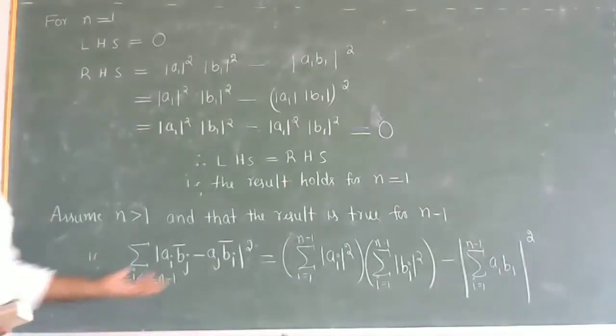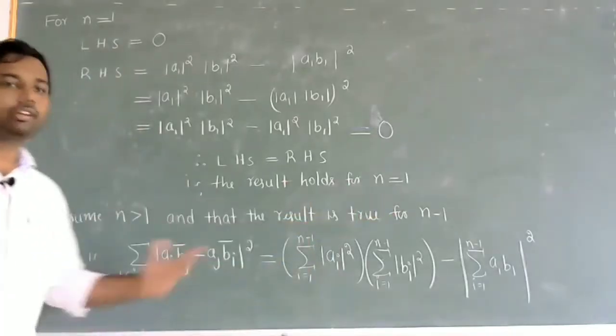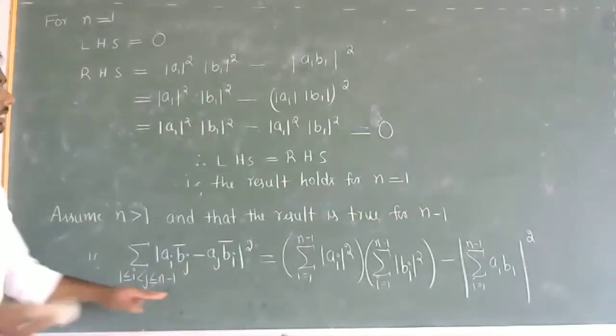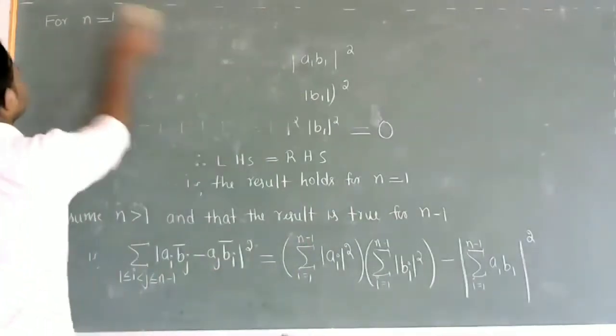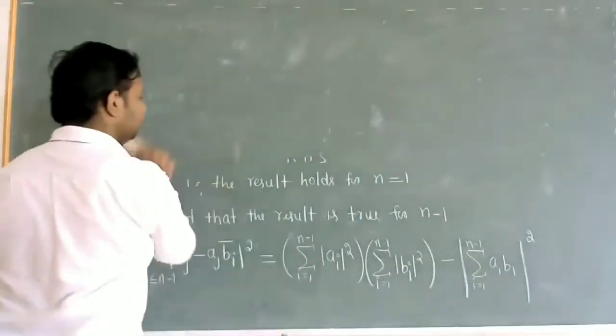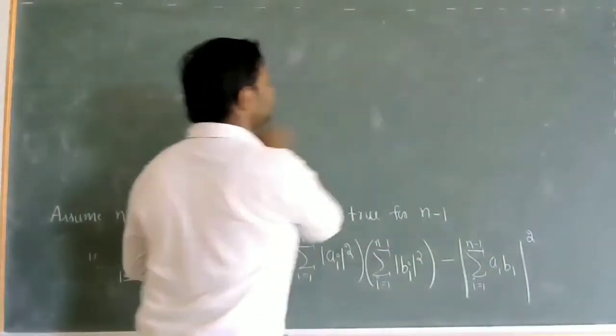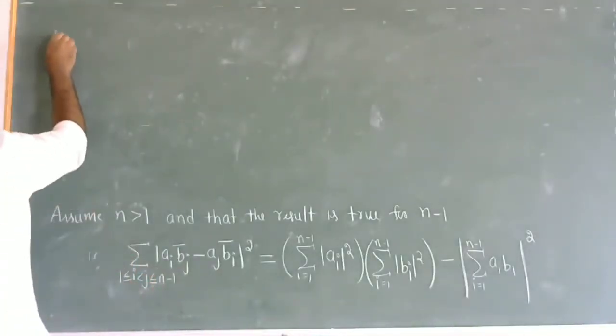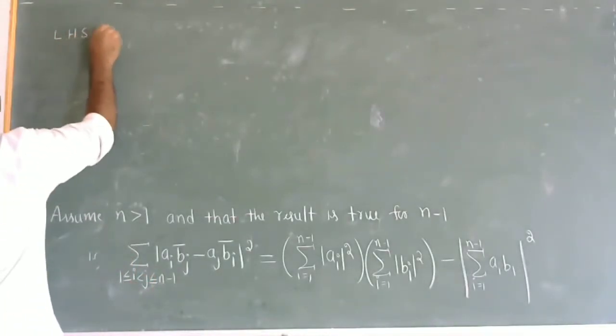Now we have to prove the result for n. That means we have to prove this equality holds for the natural number n. So to prove that, we shall start from LHS.